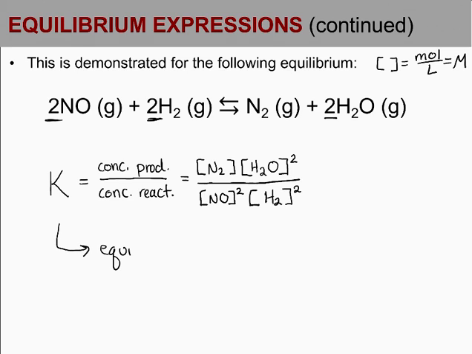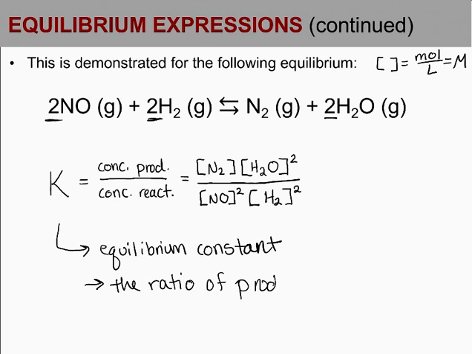So this K value is our equilibrium constant, and that is telling us the ratio of products to reactants at equilibrium.